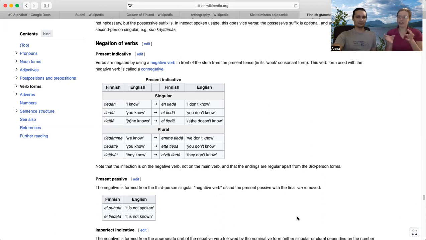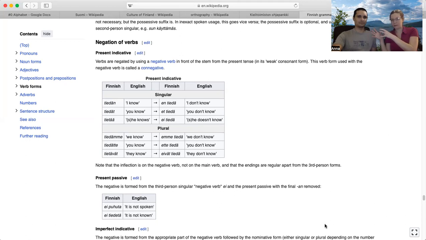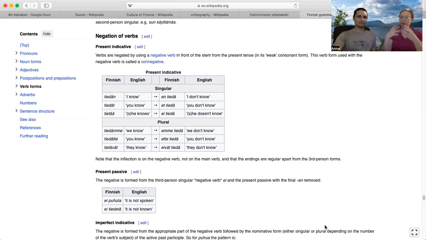You change the particle not in different personal forms. So I am not, it would be minä en plus verb stem. You are not, sinä et plus verb stem. So this not particle changes.